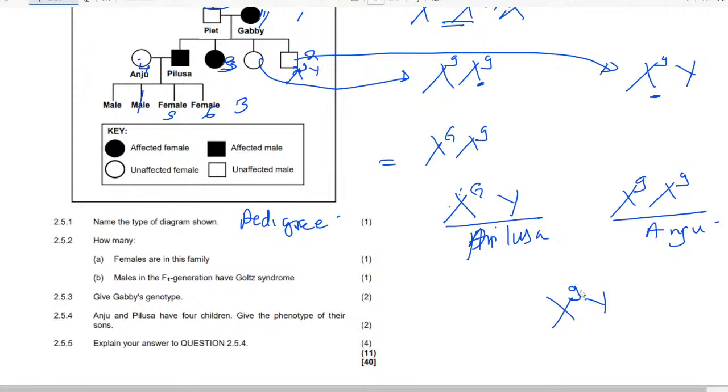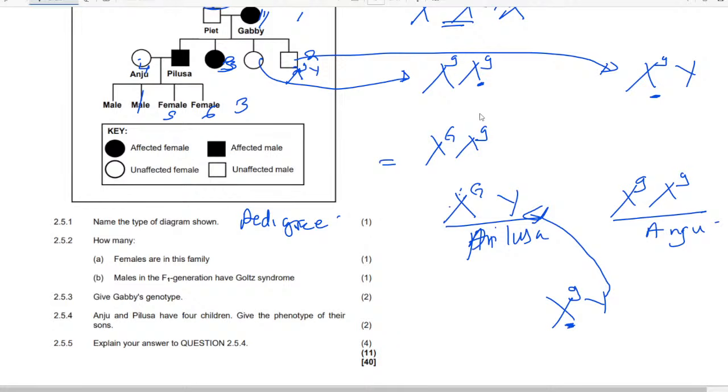You know why? The father will always give the Y to the son, and the X is always coming from the mother. So a recessive condition in males, if it is sex linked, is caused by the female.